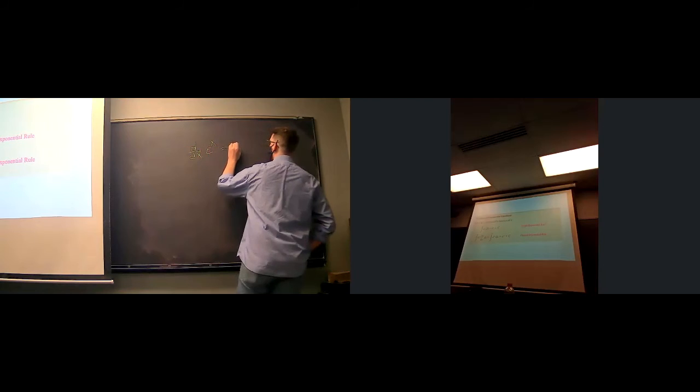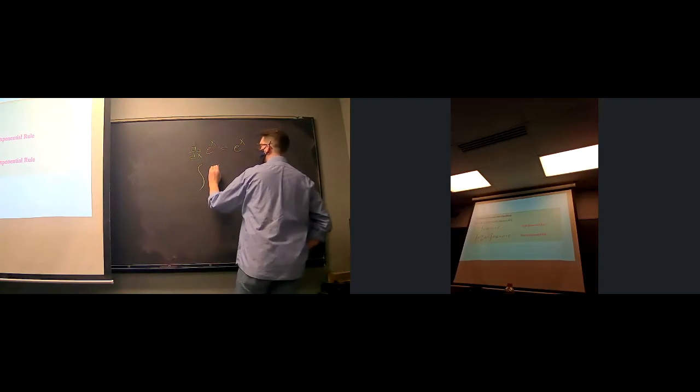So we know that the derivative of e to the x is just equal to e to the x. So when we integrate e to the x, since we're undoing this derivative, we get e to the x plus a constant. That's where this first simple exponential rule is coming from.